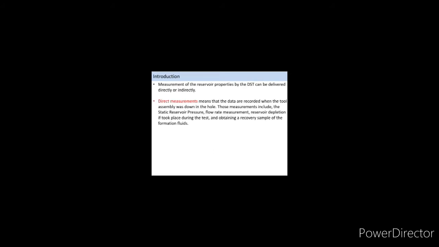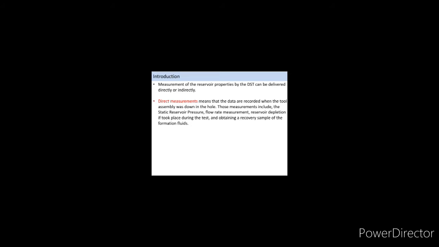As I have told, there are some properties which can be directly measured, like static reservoir pressure, the initial reservoir pressure, the flow rate, and the reservoir depletion. Reservoir depletion we can generally measure by drawdown, because in DST we are allowing the well to flow for some time.